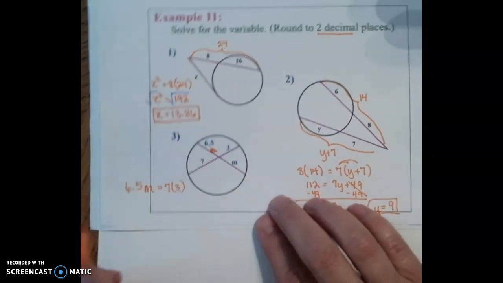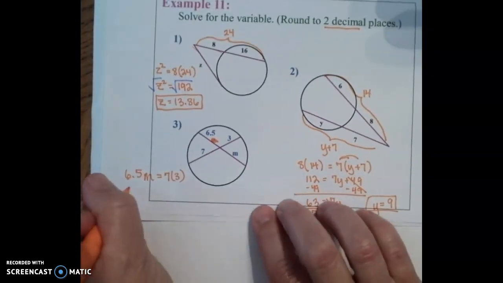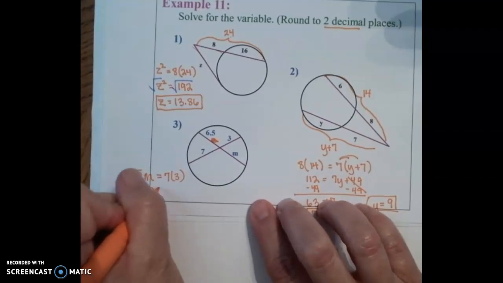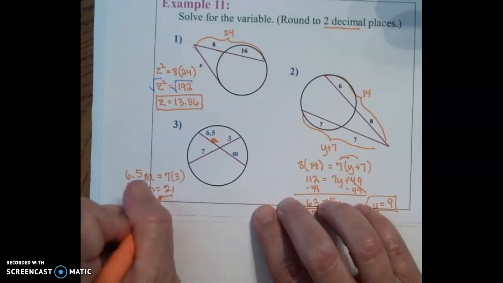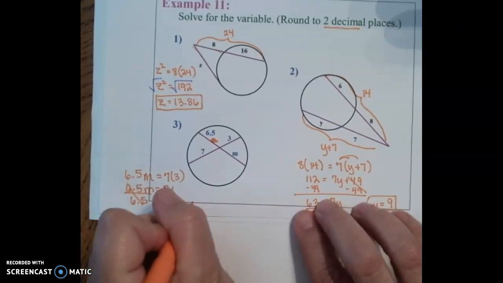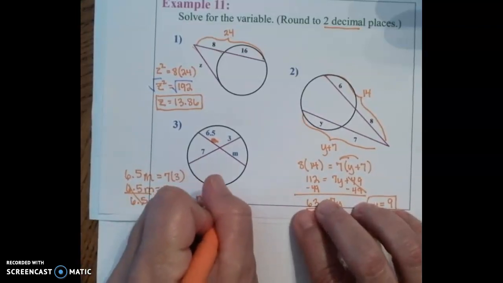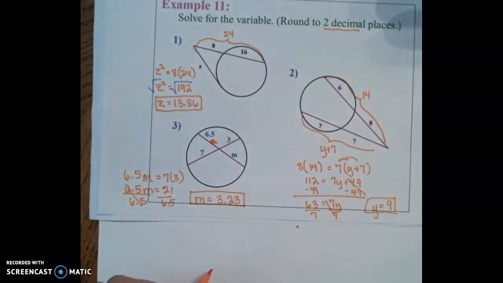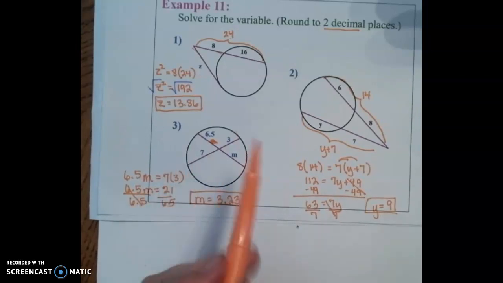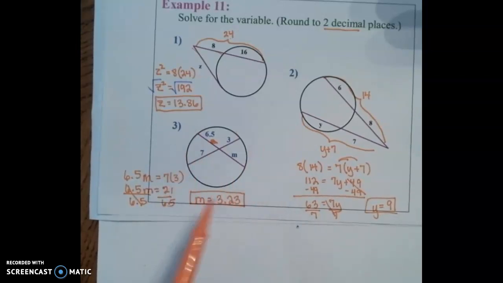I'll write it all out so you'll know what we multiply. So 6.5 m is equal to 21. We'll divide, and when you do, you're going to get 3.23. And that's what it looks like when you apply those 3 different rules for segment lengths of a circle.